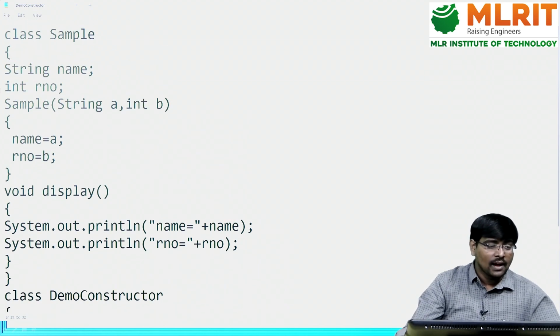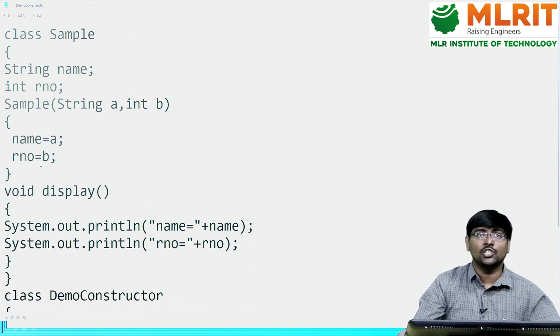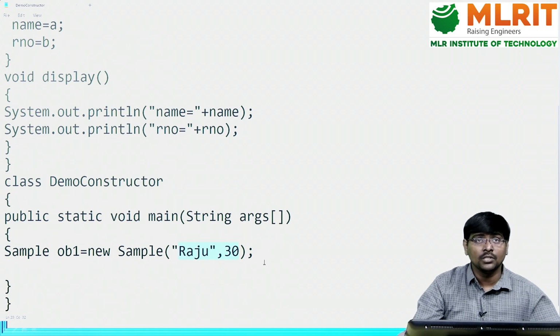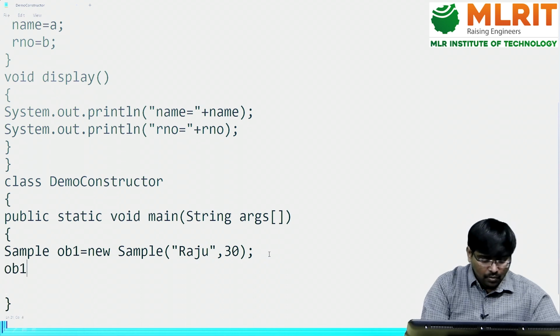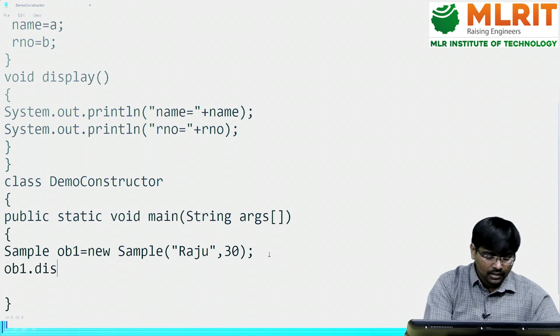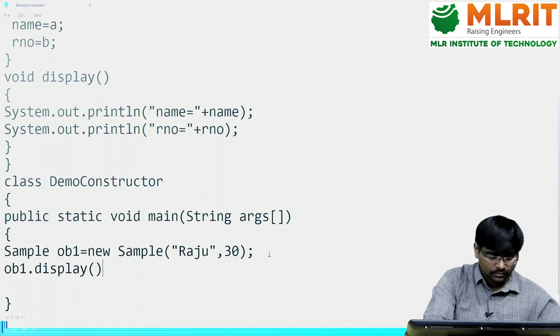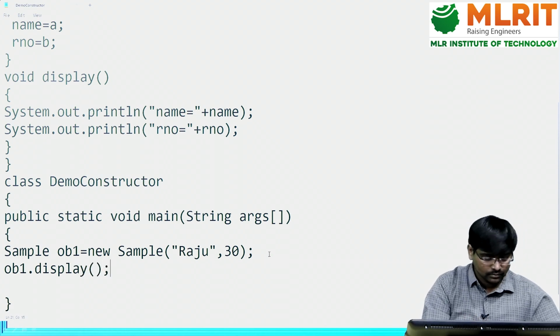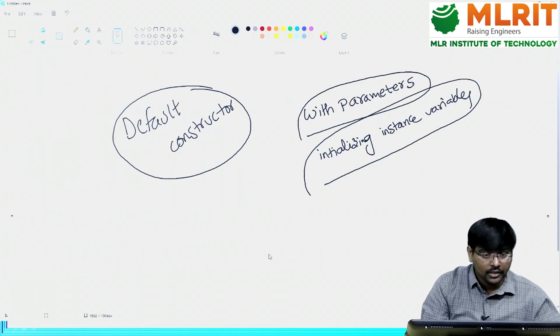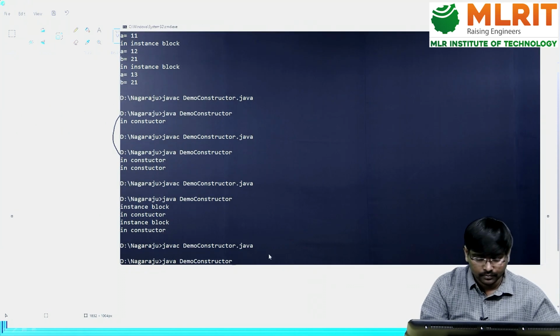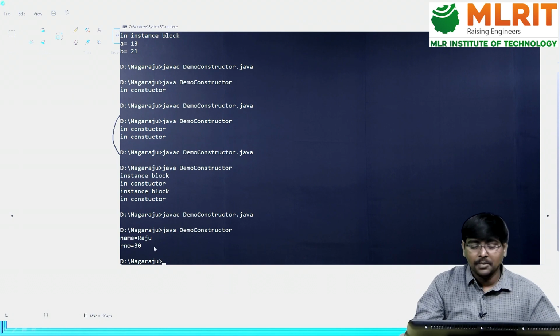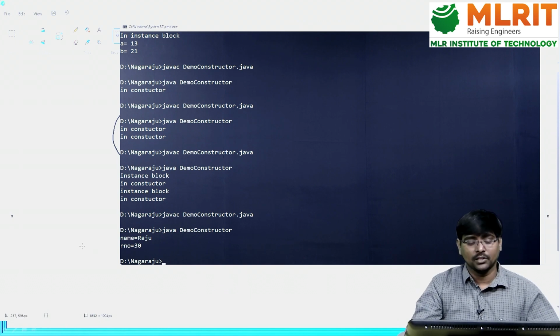Automatically the variables are initialized. Now OD1 dot call the method display. Execute. See, name is equal to Raju, roll number is equal to 30.